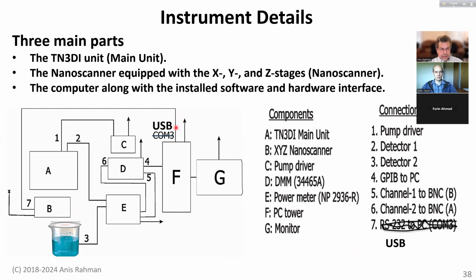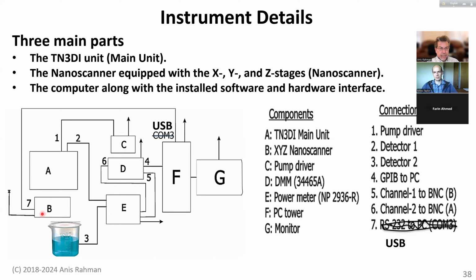So this is all kind of beyond the user. They don't have to do anything, because when we take a system to somebody's facility, we install it, and we train them for operation.